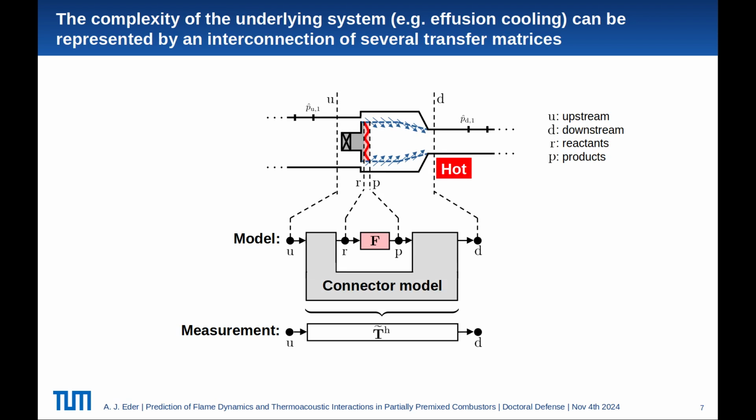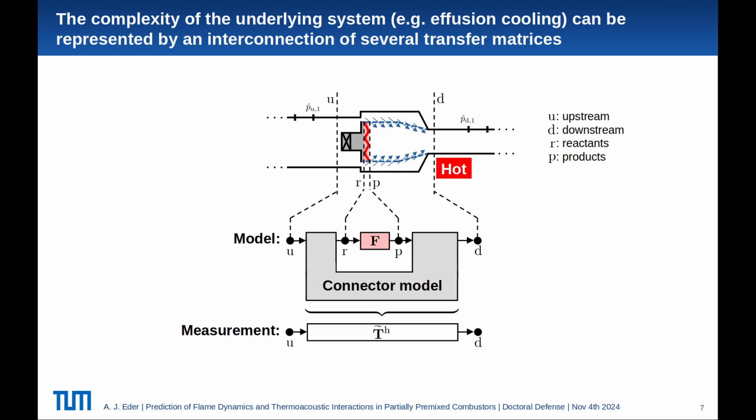The reason why we had to modify something is that we want to solve that problem. We want to get the flame transfer matrix also for such complex combustors, and therefore we developed a novel method. Our method basically requires a connector model which connects everything between upstream and downstream before the flame and after the flame.